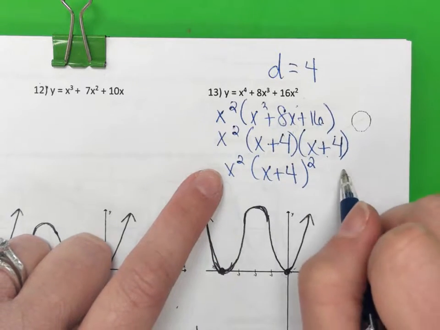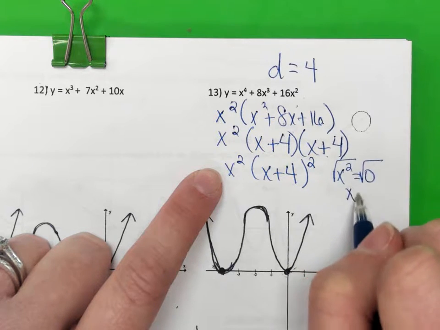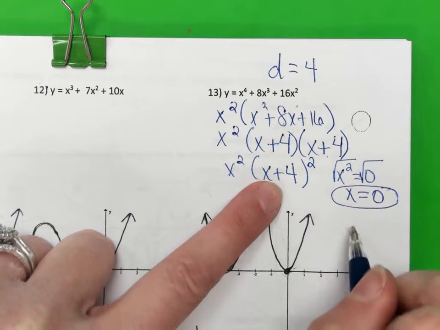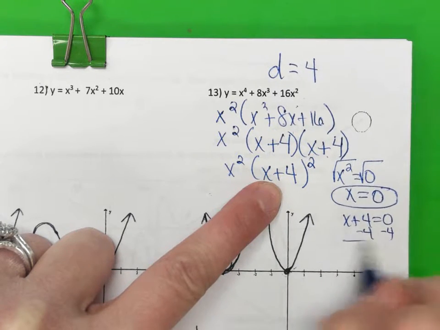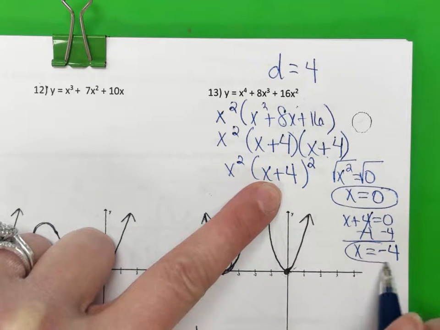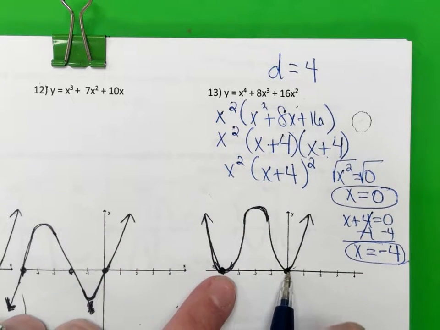Okay, so you've got x squared equals 0, square root it, and x equals 0. And you've got x plus 4 equals 0, minus 4, and x equals negative 4, right? Y'all okay with that? Okay. So plot those 2 points, 0 and negative 4, on your graph.